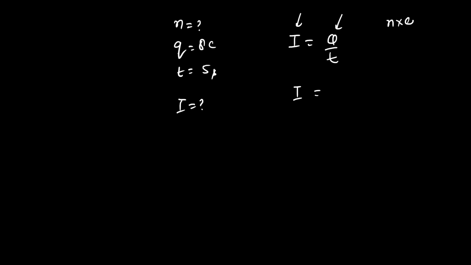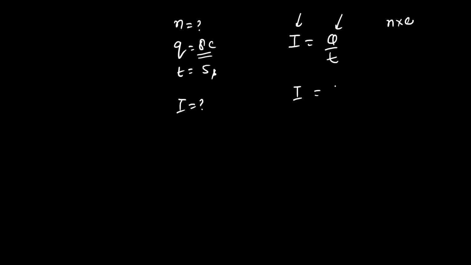Why are you calculating the value of I? Because if you know the current, which is actually the charge passing per second, then you will be able to calculate the number of electrons. So first you need to calculate the total current that will pass per second, the total charge passing through it.